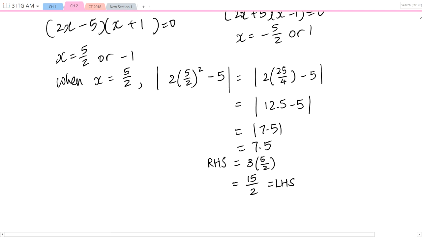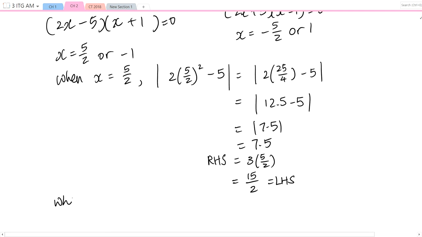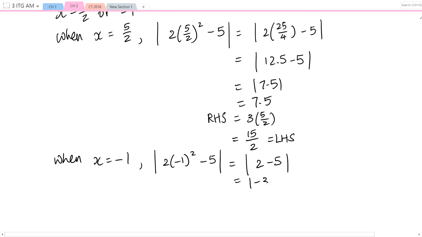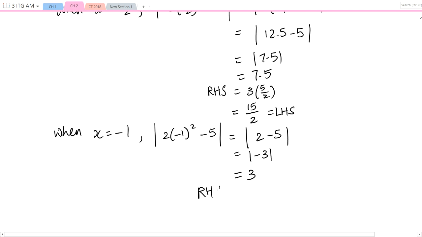Now let us try x equals -1. When x equals -1, the left hand side gives us modulus of 2 times -1 squared minus 5 equals 2 minus 5, which is modulus of -3, which simply is 3. Let's check the right hand side.